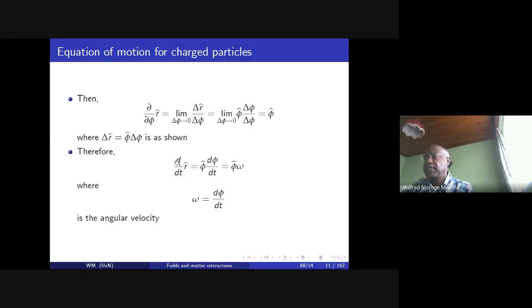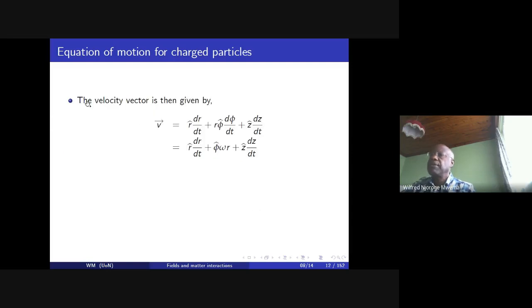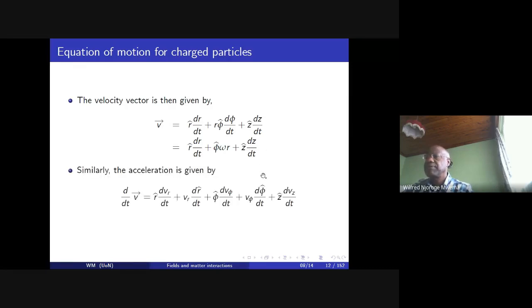And therefore, d dt of r cap is just phi cap multiplied by d phi dt, and we can write it as phi cap multiplied by omega, where omega is just the time rate of change of the angle. So the velocity vector is therefore given by that equation there, that is the radial component, plus a circular component, plus the axial component.